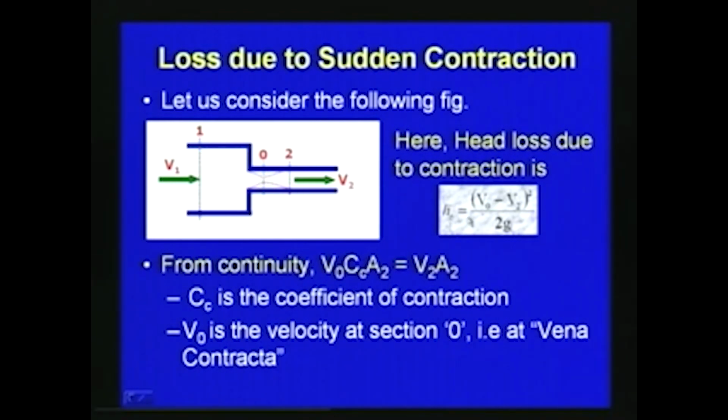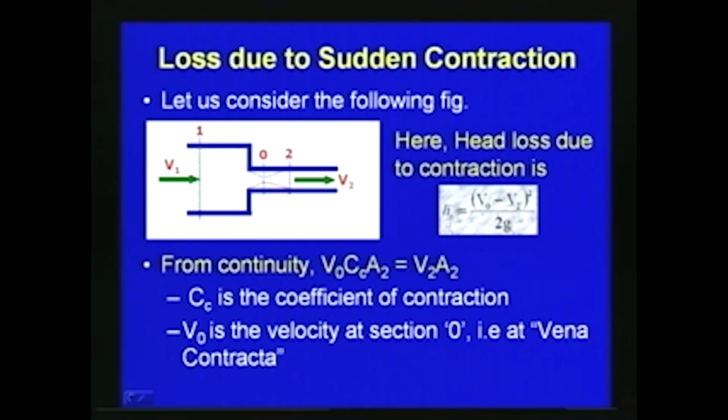So, the head loss due to contraction is Hc equal to (V0 minus V2) all square by 2g. From the continuity equation we can write V0 into Cc into A2 is equal to V2 A2, where Cc is the coefficient of contraction and V0 is the velocity at the vena contracta.